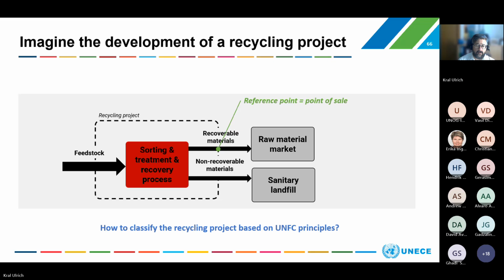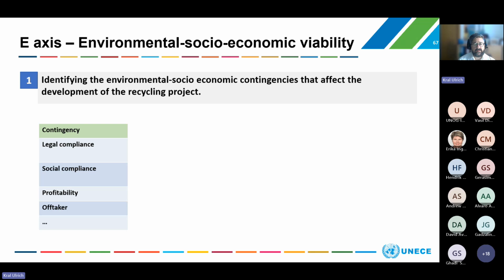The question is how to classify these recycling projects based on the UNFC principles. And I just have 3 slides. I go through it very quickly. The intention is just to give you an impression of how it works if you're really going for an application as a strategic project, as a project promoter.